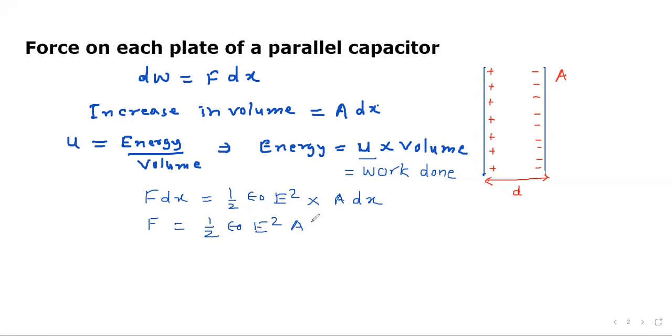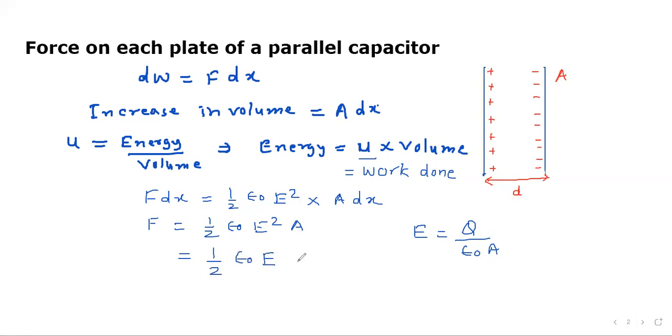Now, what we can do? One can write E equal to Q upon epsilon naught A. So here we make such changes, 1 by 2 epsilon naught.